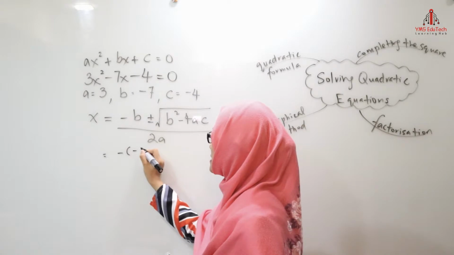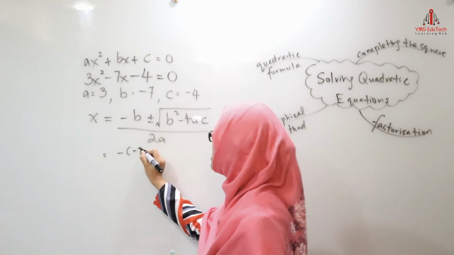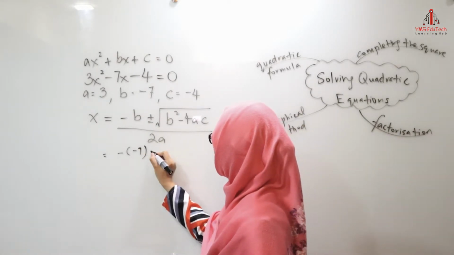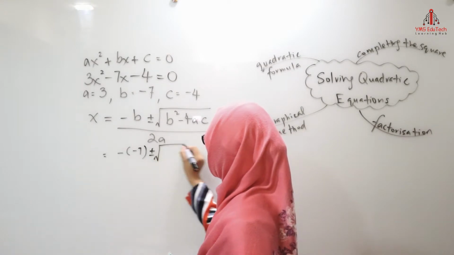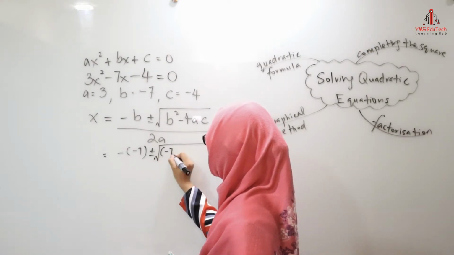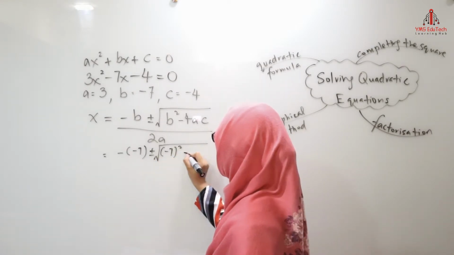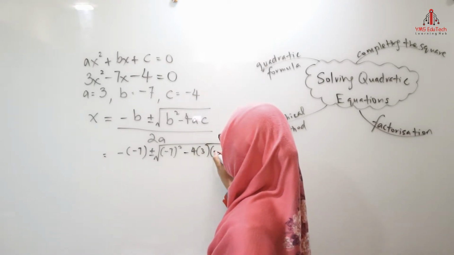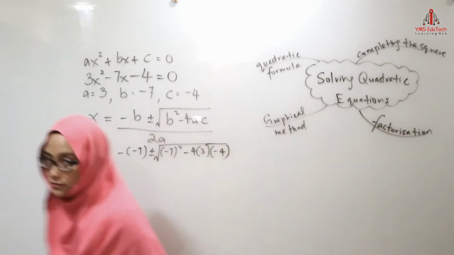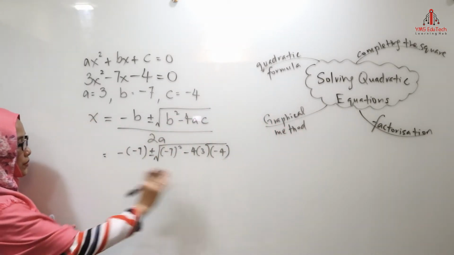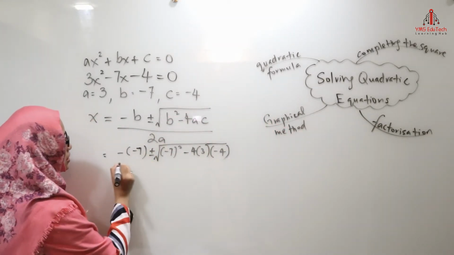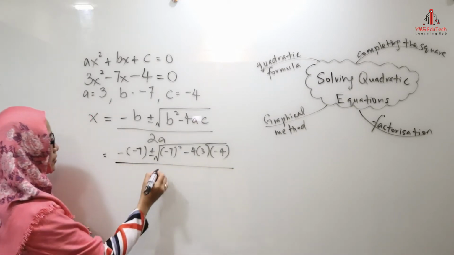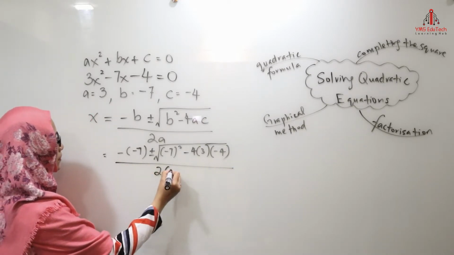So there will be minus negative 7 plus minus root of b squared is minus 7, negative 7 squared minus 4 multiplied by 3 multiplied by minus 4. Okay, so that will be the numerator. Everything is divided by 2a, which is 2 multiplied by 3.